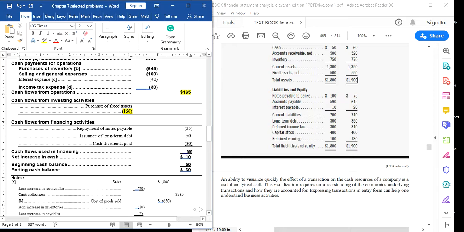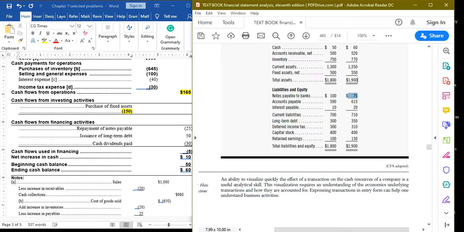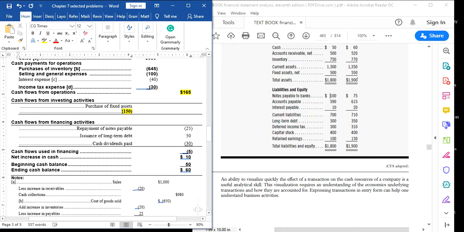We have also here repayment of notes payables. Repayment of notes payables. It's minus $25. The difference between these two. Okay. Issuance of long-term debt.